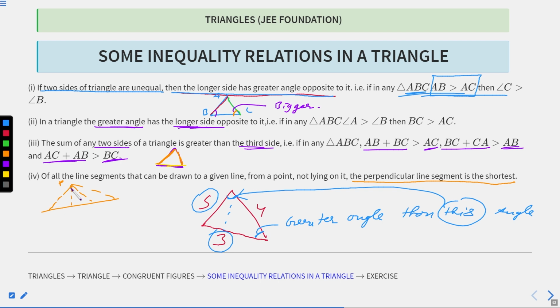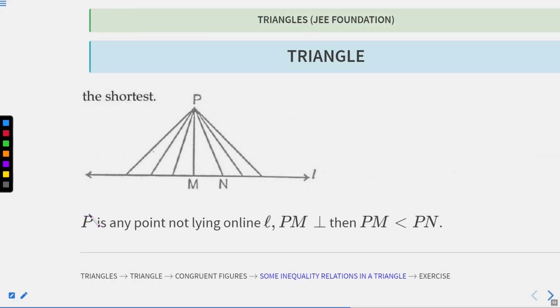This means if you have to find the smallest line segment from this point to the line, the shortest line segment will be perpendicular to the line. I hope this is also clear.